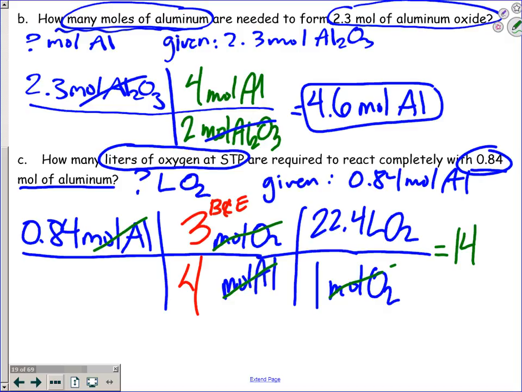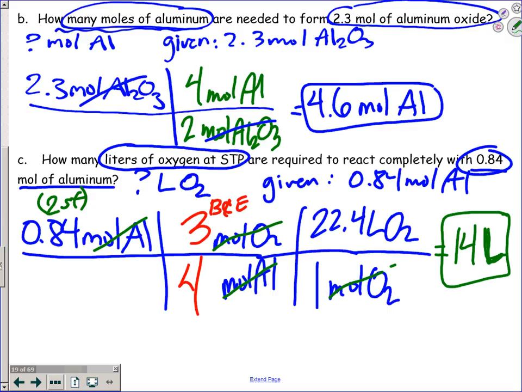How many sig figs? 2 sig figs, so just 14, right? Come on, Mac. You got this. I believe in you. You need one? No. All right, check yourself.